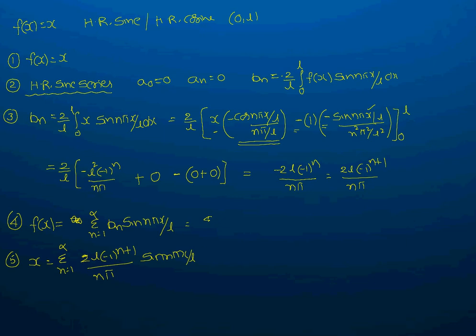Similarly, for the same function, we have to find out the half range cosine series. Okay. So for the same problem, f of x is equal to x in the interval 0 to L, we have to find the half range cosine series.